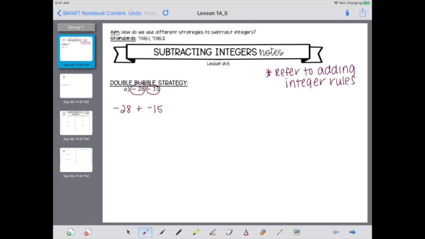and add the two negative values together. So we have negative 28 plus a negative 15. We have two of the same signs. So we're going back to integer rules, your adding integer rules.